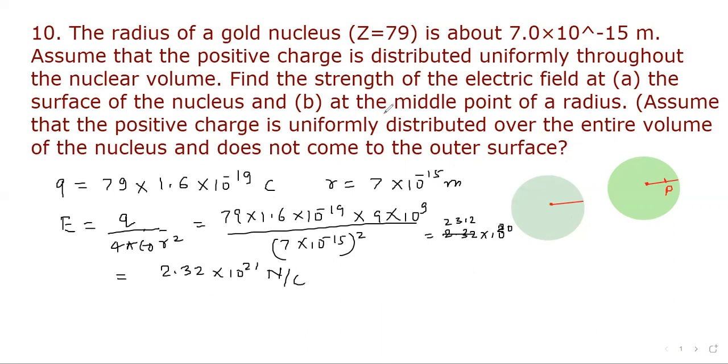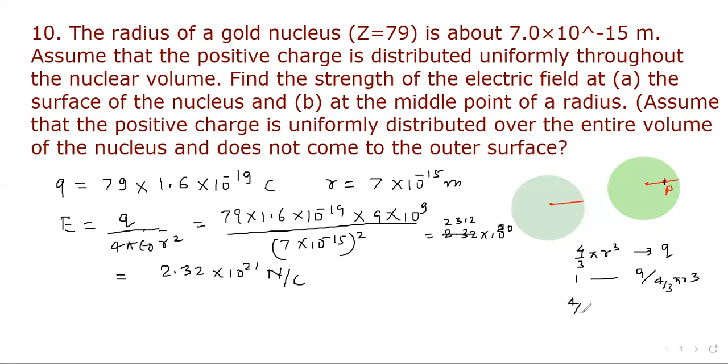Now, second case, at the middle point of the radius, so halfway. So we have to find out what is the charge contained. So we can say that volume 4 by 3 pi r cube contains charge Q. Then unit volume will contain charge Q upon 4 by 3 pi r cube.